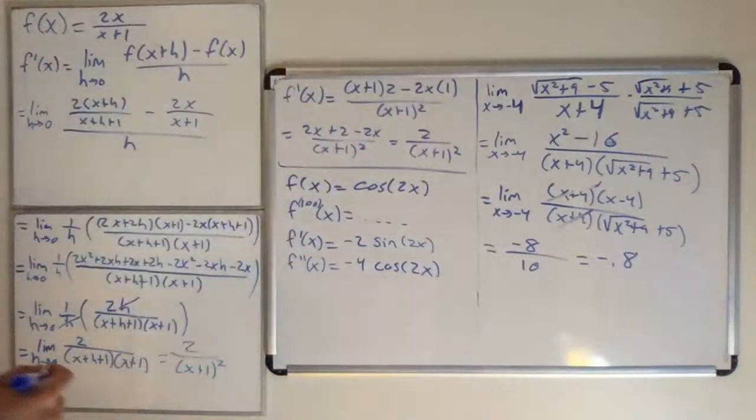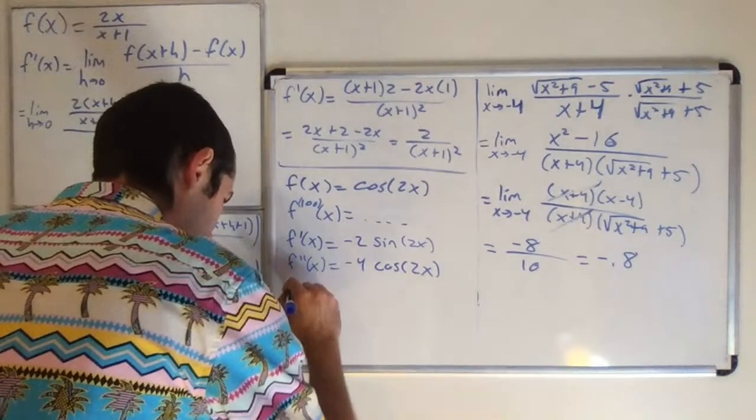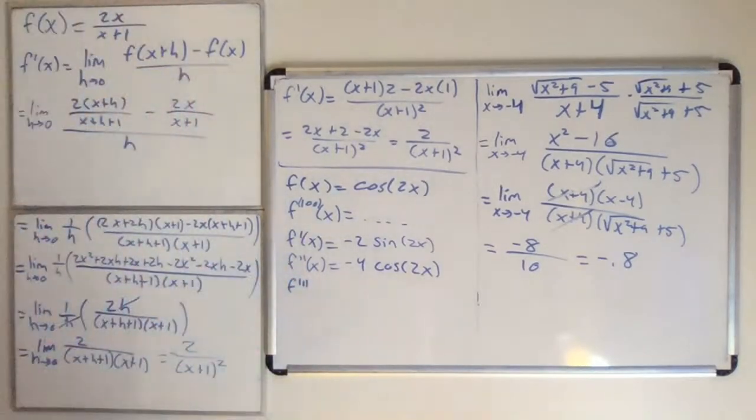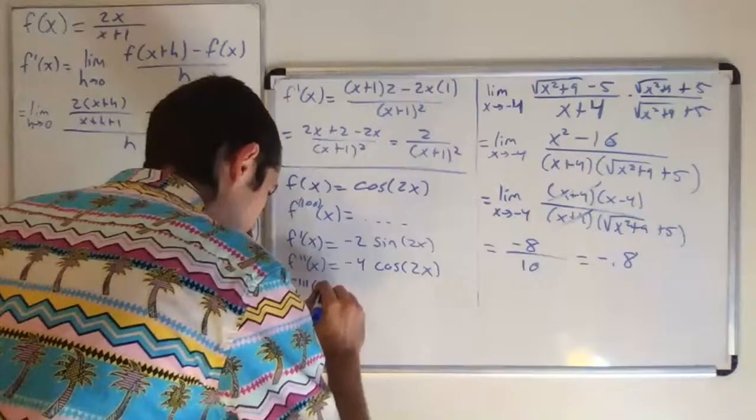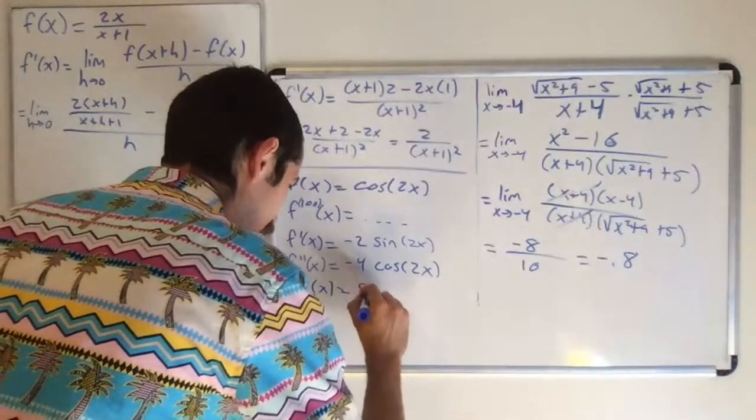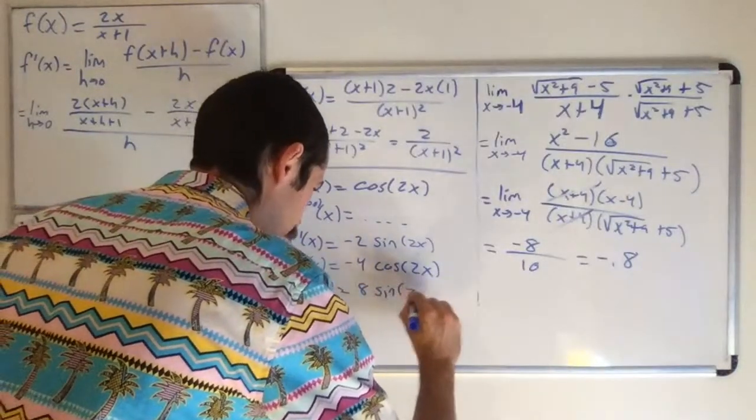Again, we do the chain rule every time. f triple prime is 8 sine of 2x.